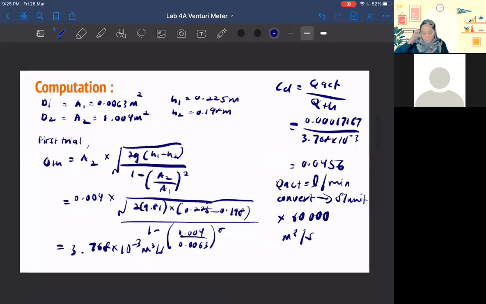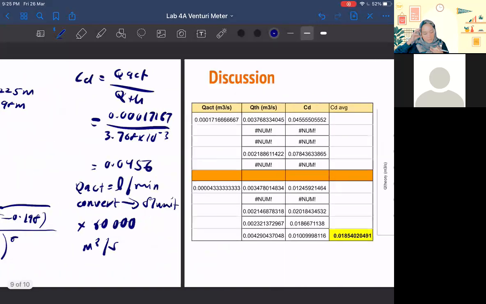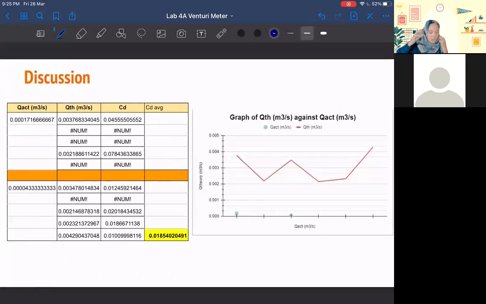Okay, that's for the calculation. The discussion: these are from the tables for Q actual and Q theory. We'll get the CD. And from the table, I plotted a graph of Q theory against Q actual.